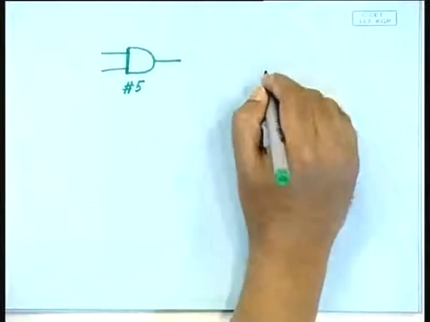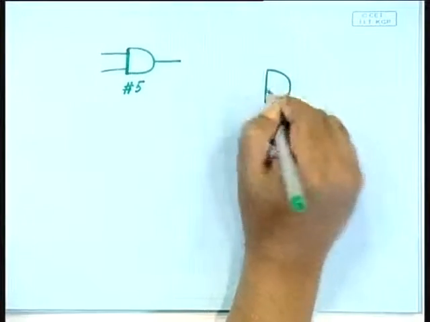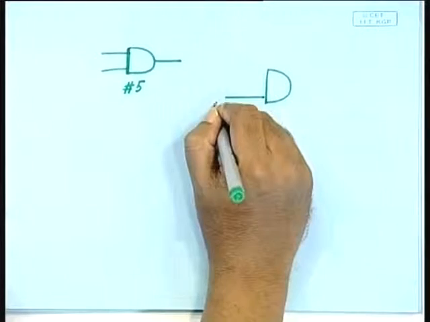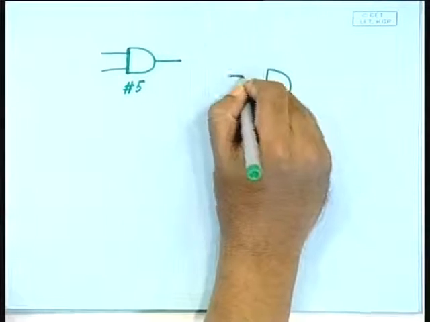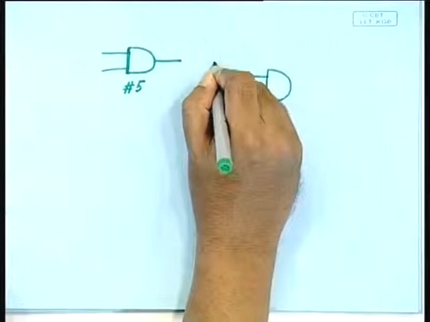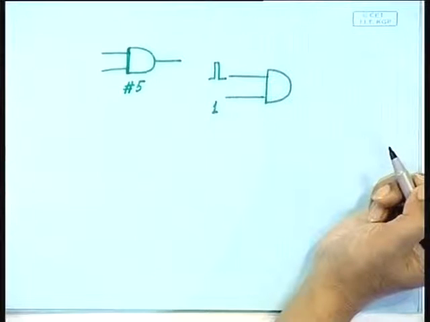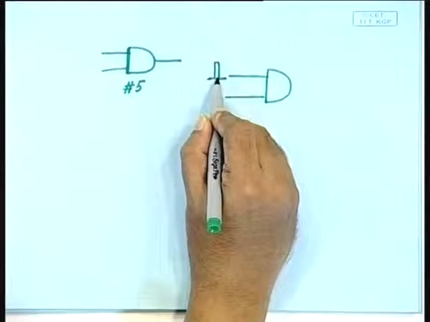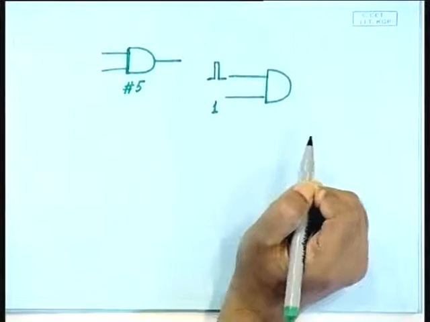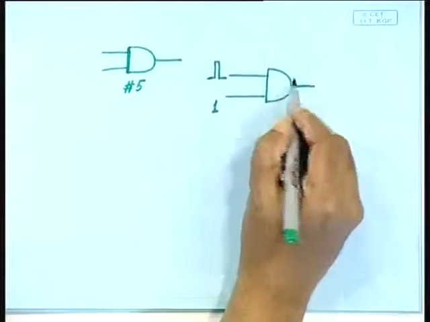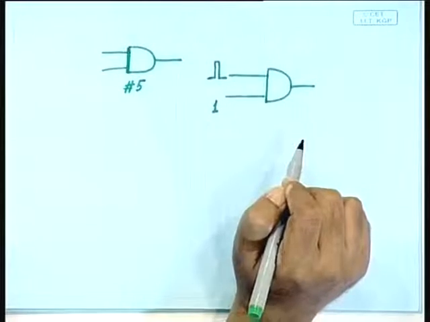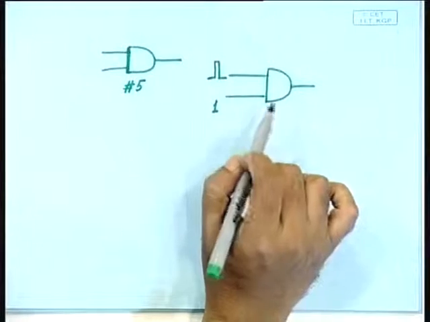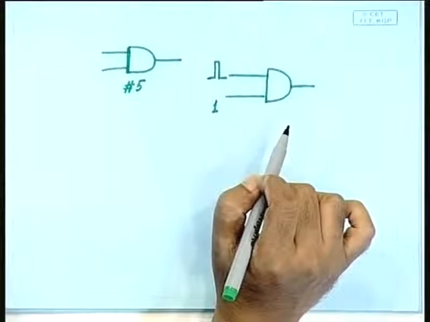Now what kind of thing can happen there? Say for example, this is held at 1, and what I feed here is a very narrow pulse. Alright. So this has a width less than #5, let us say, then that means that momentarily the output should have been 1, but because of this delay you will not see that it is 1.